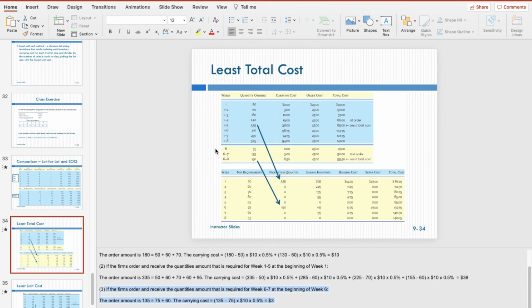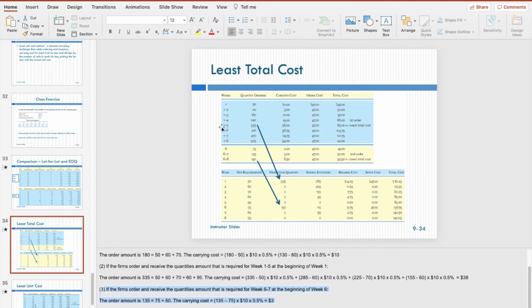And then in week 6, we should order the amount that can cover week 6, week 7, and week 8. So how many times do you order? You only order twice. The first time is at the beginning of week 1, the second time at the beginning of week 6.